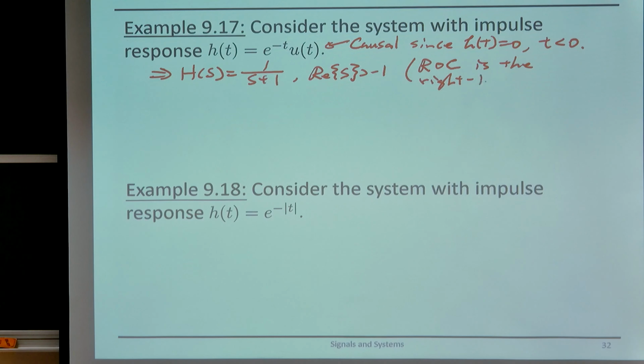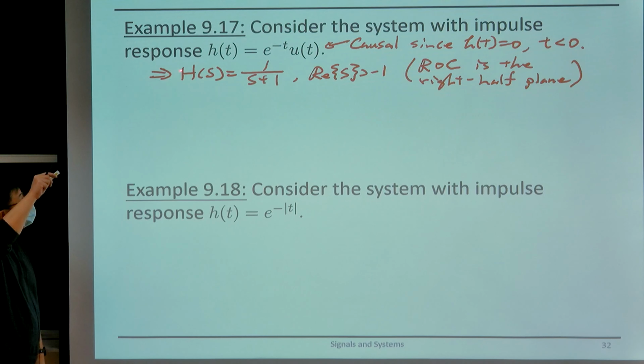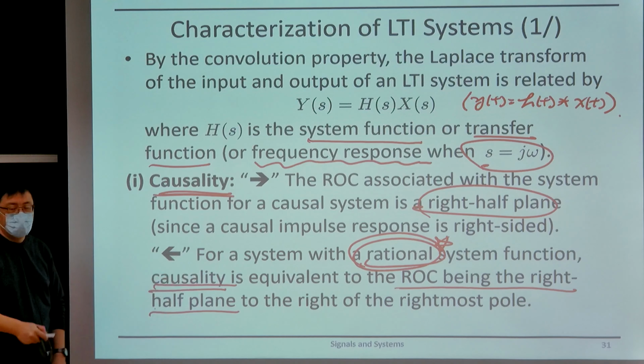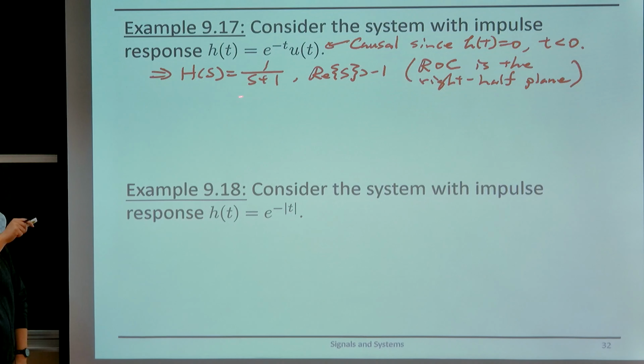Now, conversely, if you originally were given the Laplace transform, then by the property that we just mentioned, you can infer that the time domain impulse response is causal. And this is because the ROC is the right half plane, and our transfer function is rational.